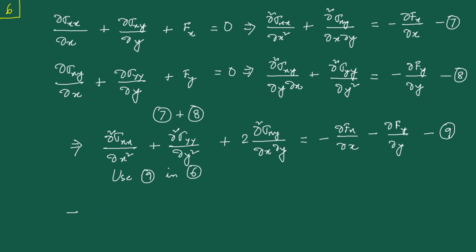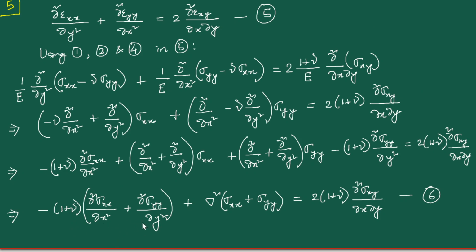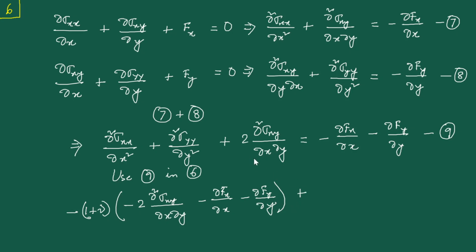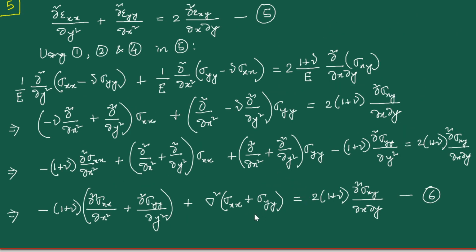So we have a minus 1 plus nu, and then whatever is inside this bracket, that is basically this thing, minus twice del square sigma xy del x del y, minus del fx del x minus del fy del y, and what remains in equation number 6 is this one.